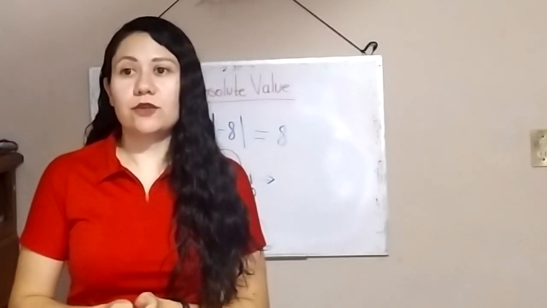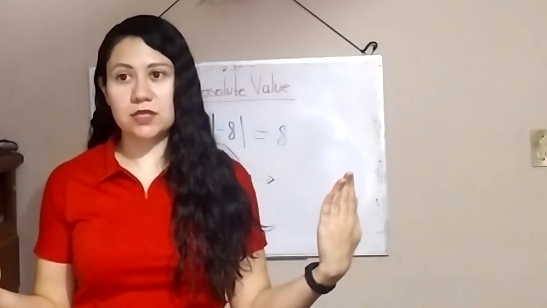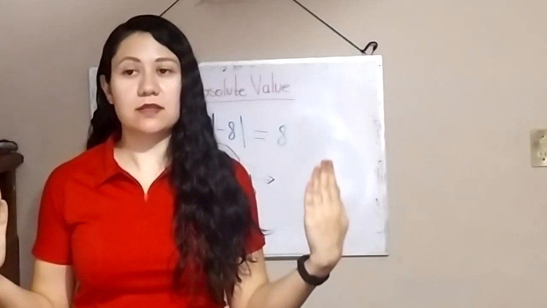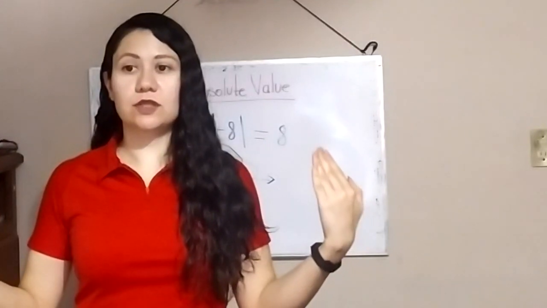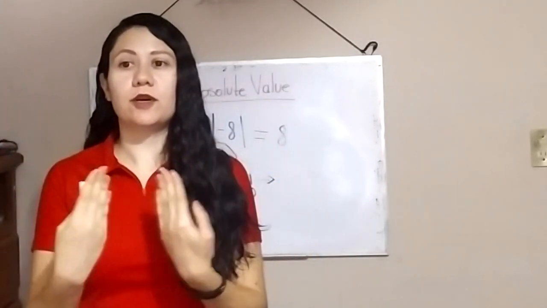The absolute value of two opposite numbers is always going to be the same, because remember, opposite numbers are at the same distance from 0.